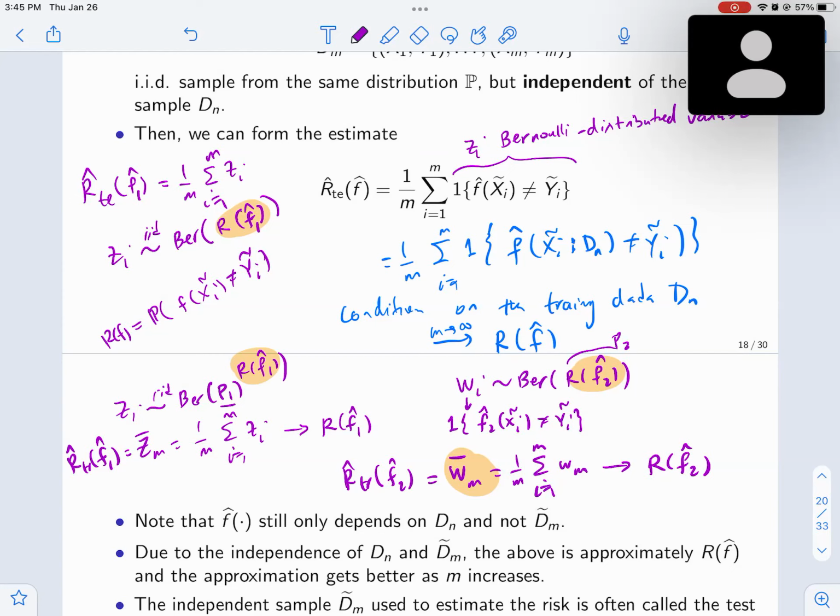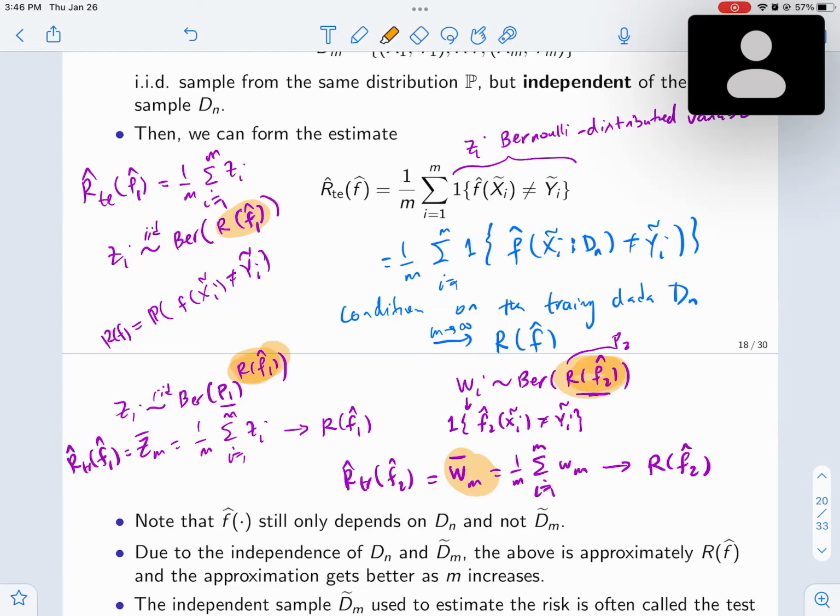I want to know this. I don't have this, but I just have the estimate, which is this guy, which is the average. Is this sort of clear? Yes. Sorry, what exactly? Their accuracy? That's the misclassification rate or the risk. Right. I want the true risk, right?